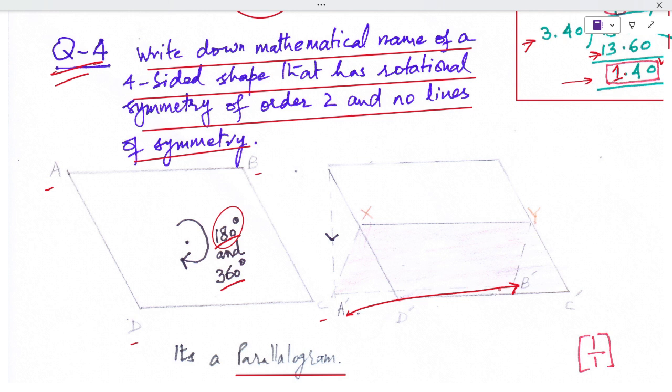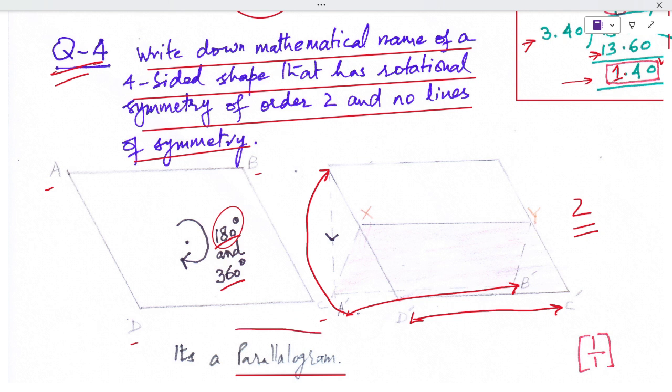Similarly, if we rotate it again to a 360 degree rotation, AB will have returned to AB after having gone to CD, and CD will be at its place again, so it will be symmetrical to its original shape. So there are only two positions or two rotational symmetries for a parallelogram, and there is no other angle or position in which it will completely overlap its original shape, so it is a parallelogram.